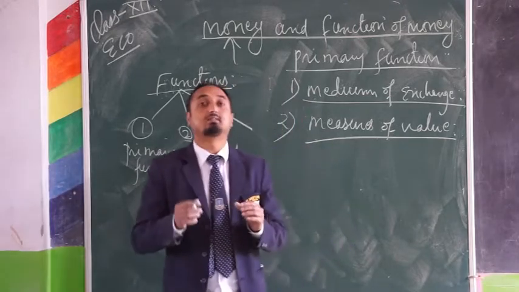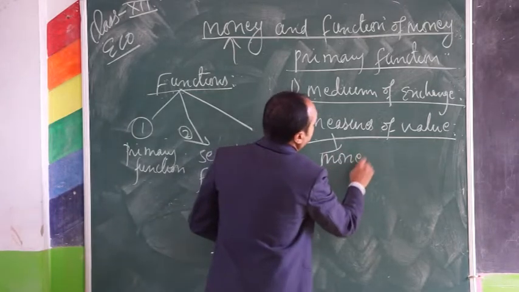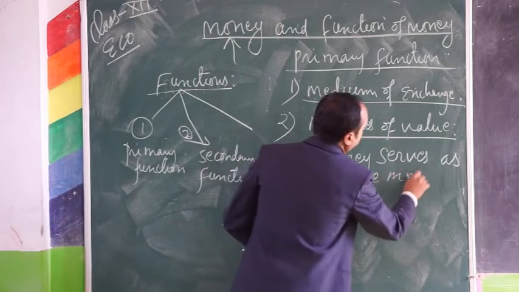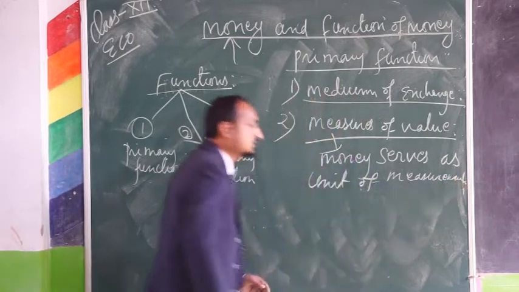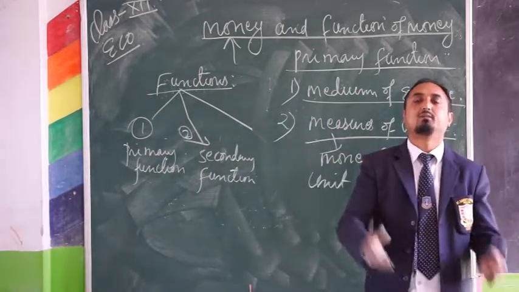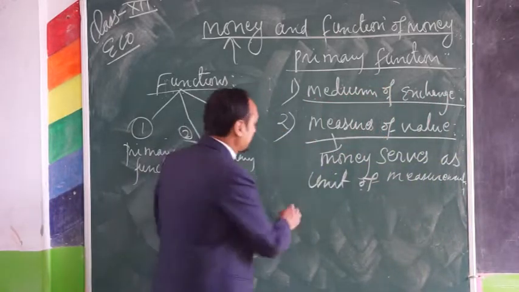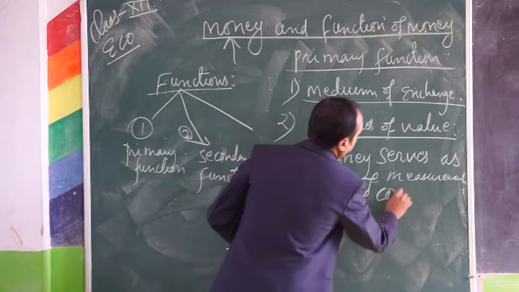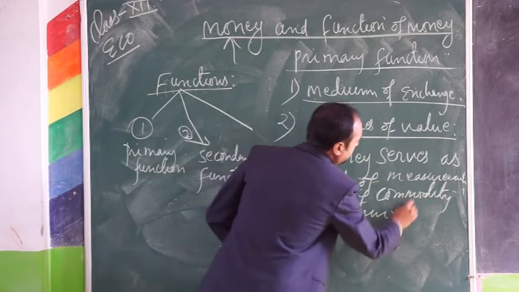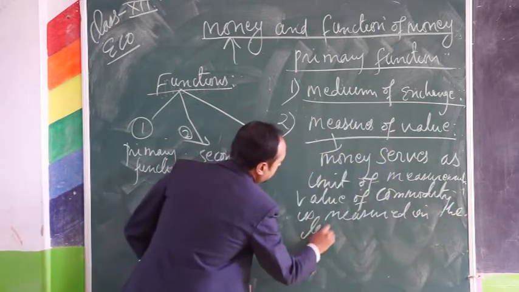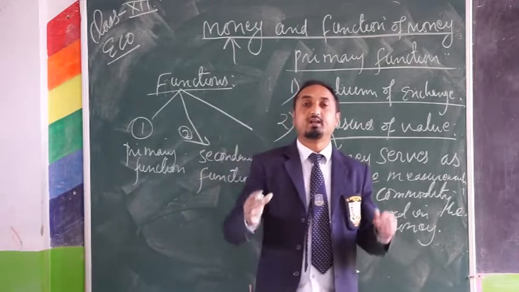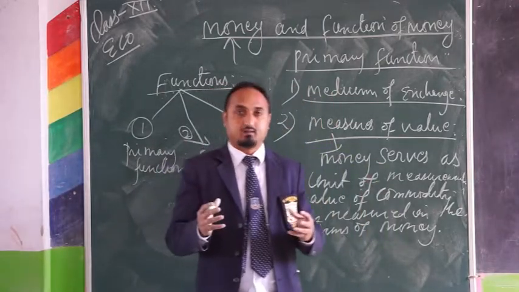Money serves as a unit of measurement, because the value of any commodity, whatever the items may be, food items, clothing, shoes, is measured in terms of money.